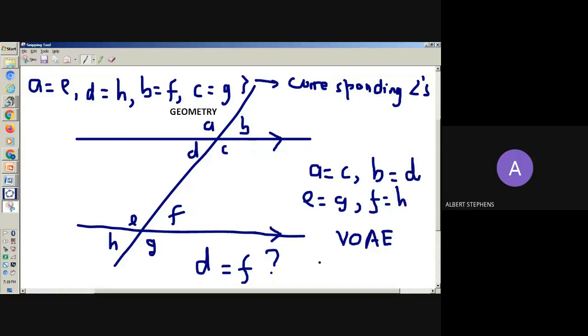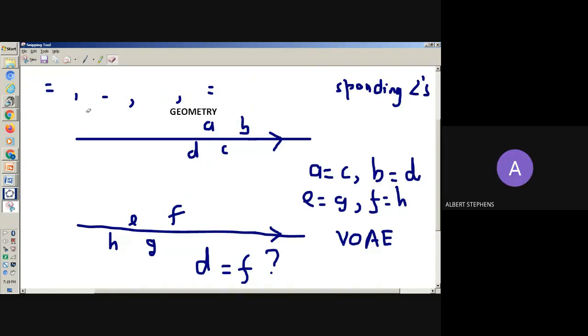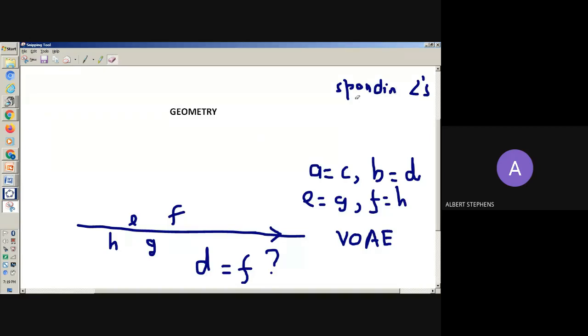Let me tell you, if you can't remember alternate angles, what you're going to do is put Z in captions and say Z-shaped angles. Everybody get this? I'm not expecting anybody to be actually writing, because this is stuff you did in grade 10 or some time ago.